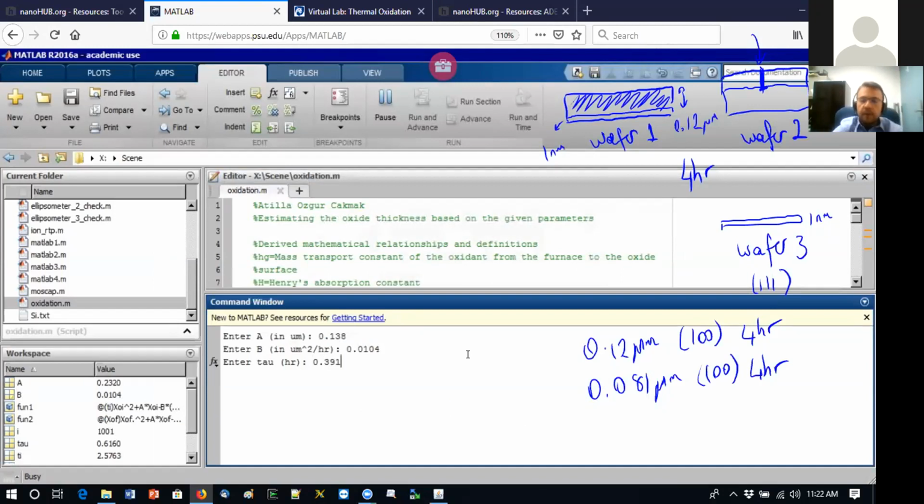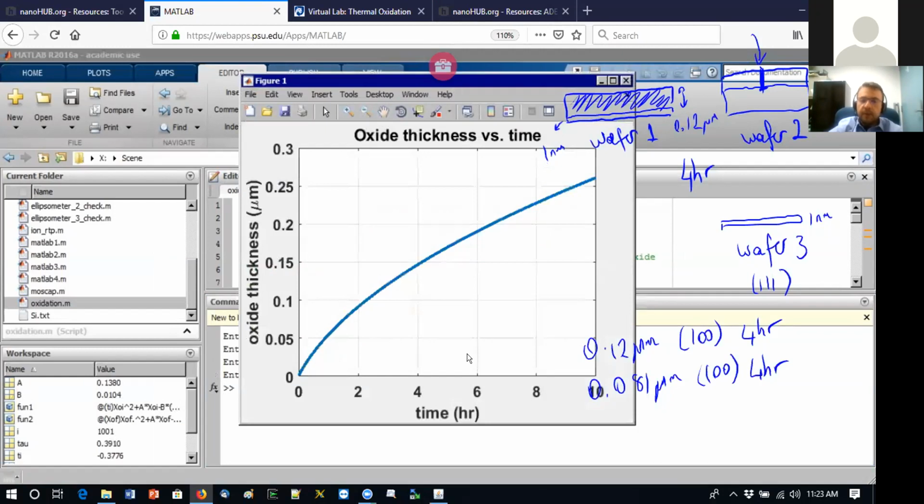These 3 parameters. Then it's going to ask us the initial oxide. I will again enter the native oxide of 10 angstroms, meaning 1 nanometer. And at the end of the 4th hour, let's see.